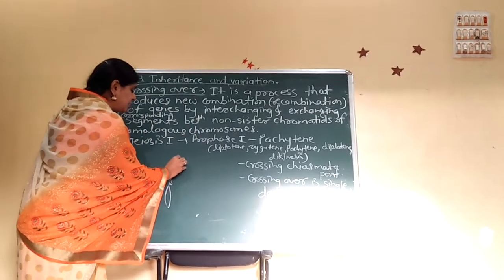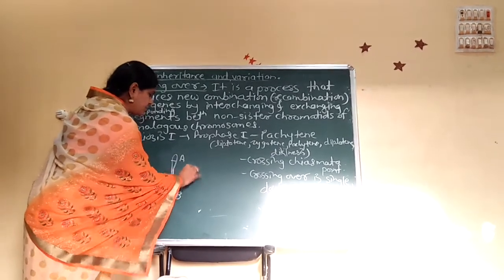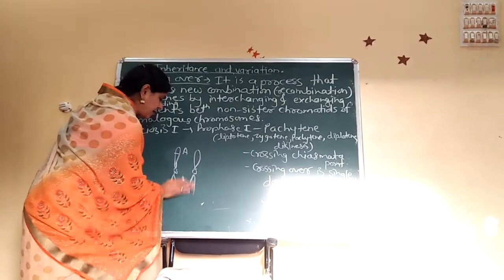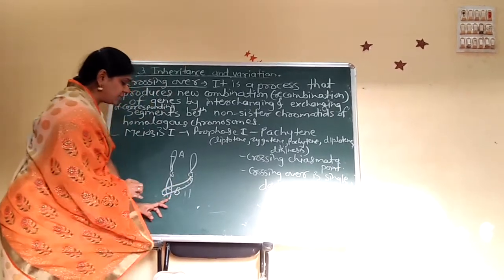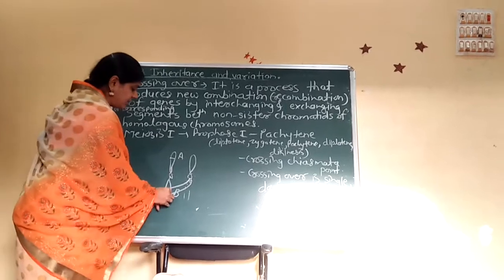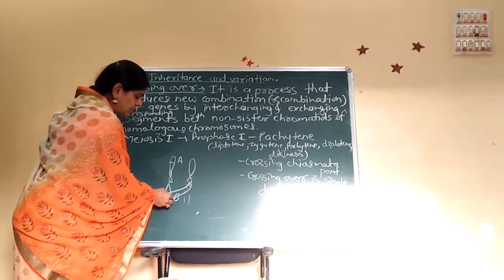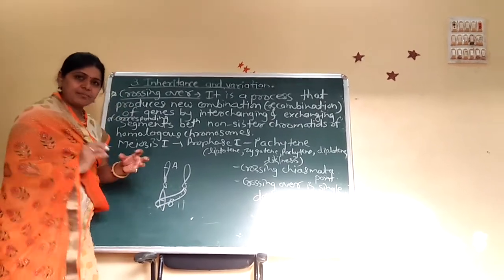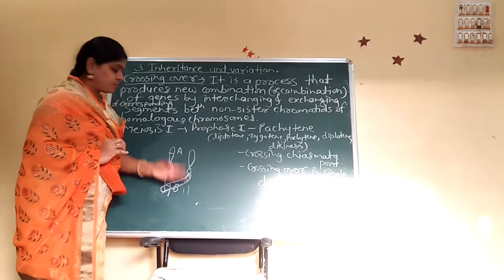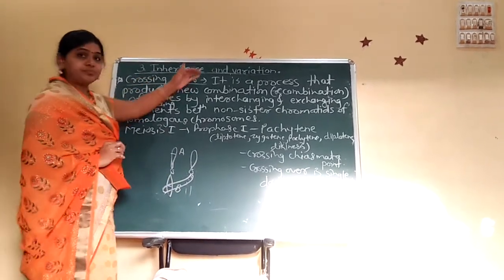That means here genes A and B are separated by crossing over. When crossing over takes place, genes are transferred from one chromosome to another, that is, segments are separated by crossing over. That phenomenon is called crossing over.